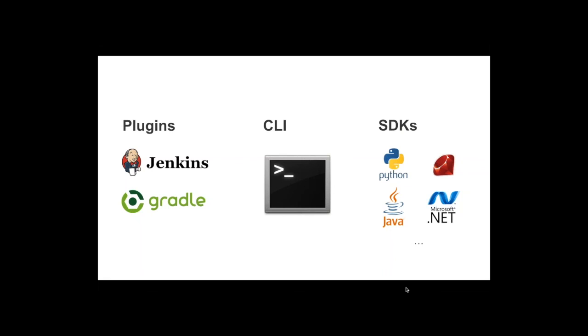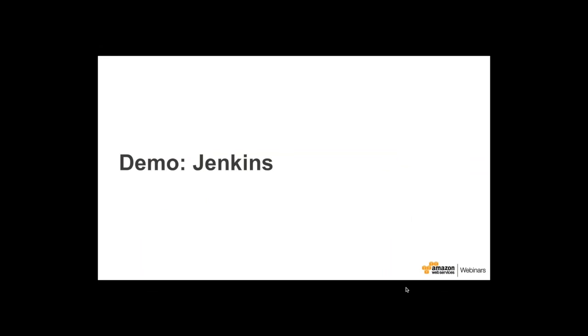So many languages are available. And the cool thing about this is that it allows you to integrate Device Farm into, say, your issue tracking system or into your documentation system. You can automatically pull down portions of reports or potentially schedule entire Device Farm runs straight from your own tools. So let's go ahead and look at what the Jenkins integration looks like.